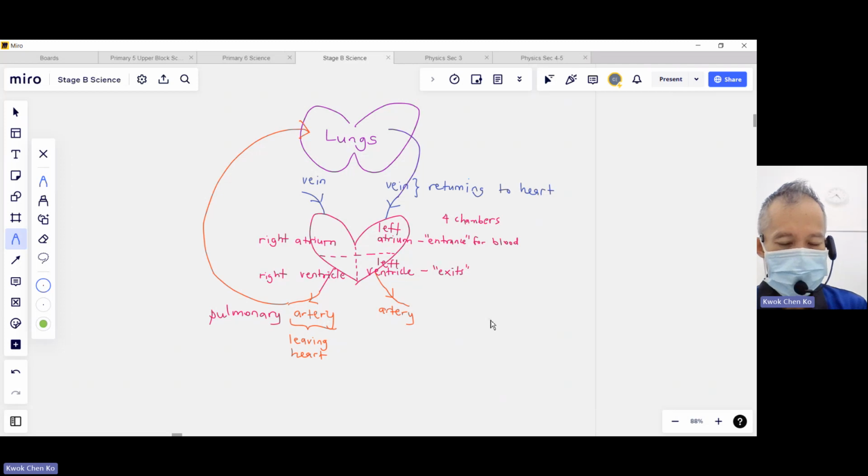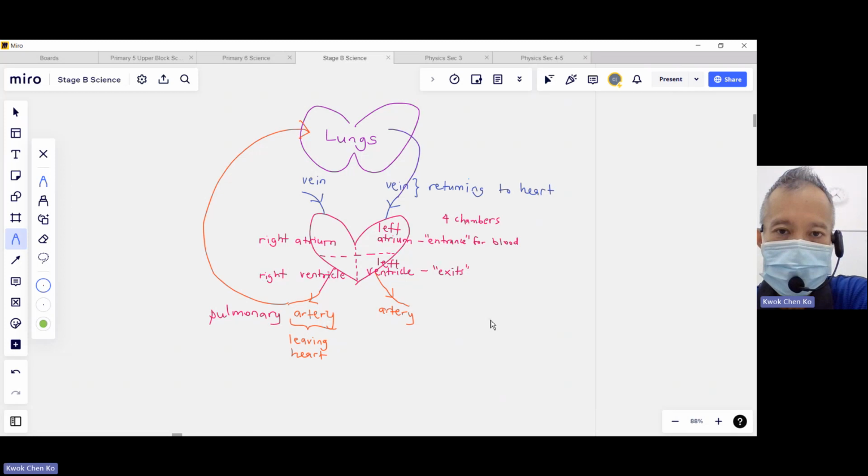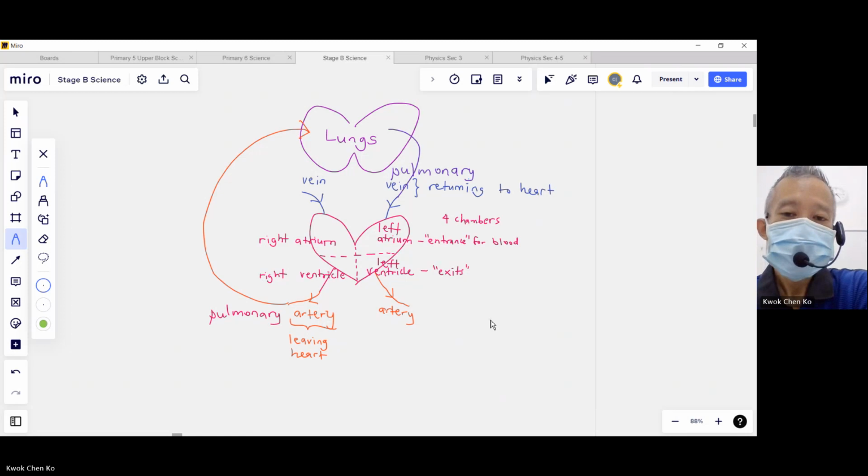There are a lot of these terms that you need to know. So this is called the pulmonary artery. That means it goes from the heart to the lungs. Of course, there is more than one, but I shan't draw so many. And therefore, this one is called the pulmonary vein, because the vein goes back to the heart from the lungs.